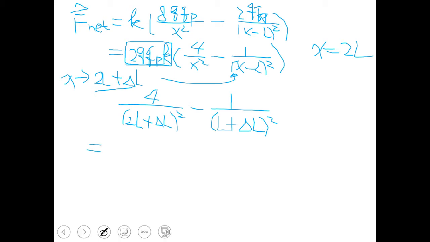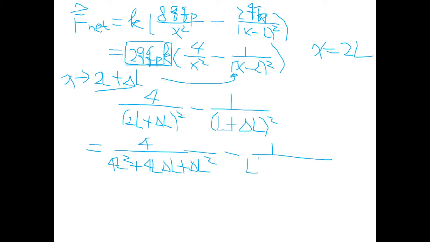In this case, we can expand it, so it will become 4 over 4L squared plus 4L delta L plus delta L squared, minus 1 over L squared plus 2L delta L plus delta L squared. So it's just some algebra.